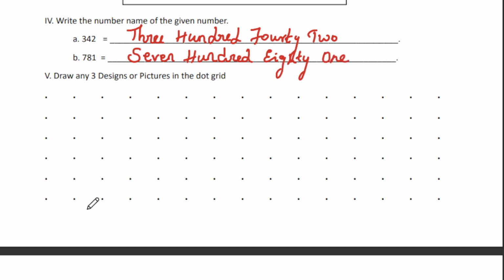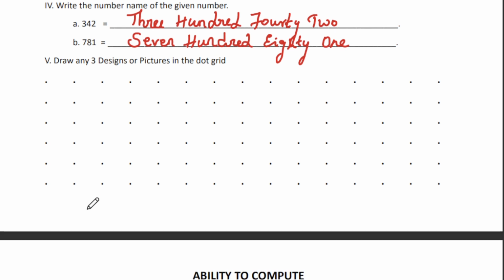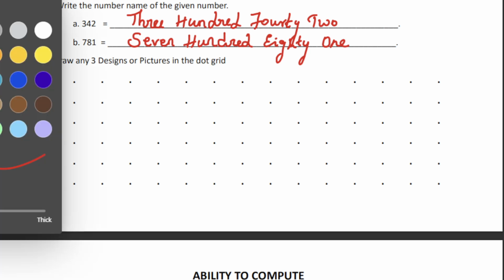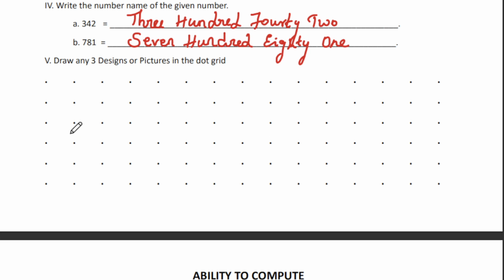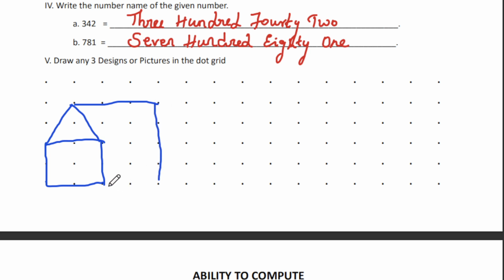Okay. Next, draw any three designs or pictures in the dotted grid. So you have to draw any picture or any design in the dotted grid. So, okay, let me draw this. You can draw any picture, okay?